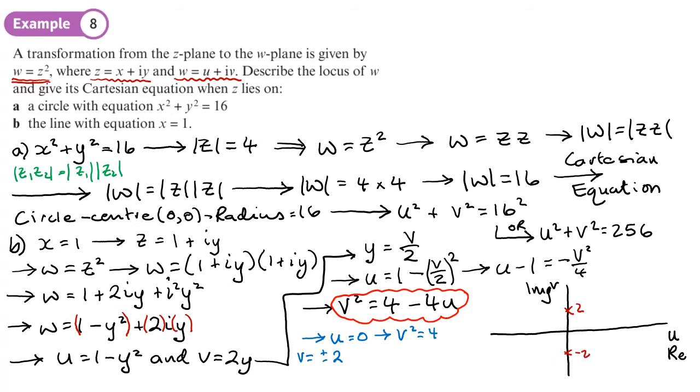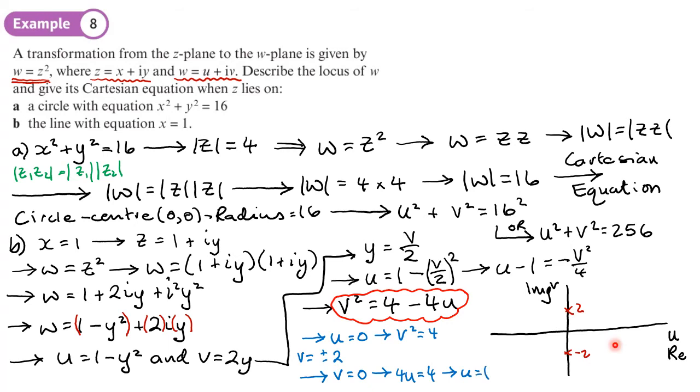Okay, that's 2 points. Well, let's see what happens when we make v equal to 0. So when v is 0, we'll end up here with basically just 4u equals 4, which means we'll end up with u equals 1.